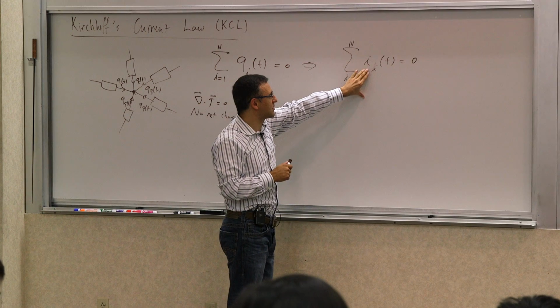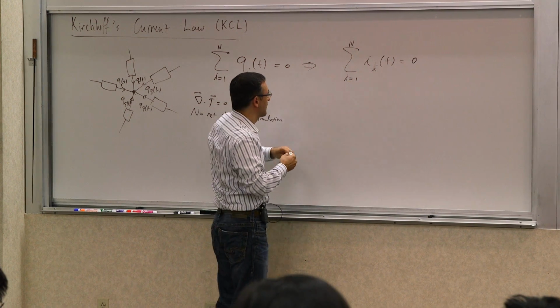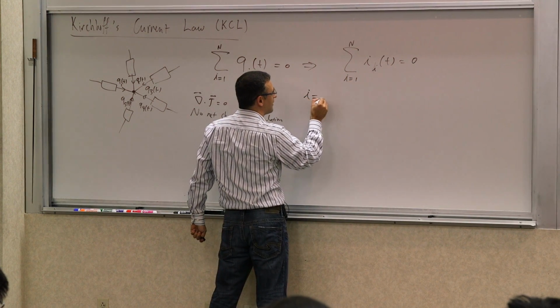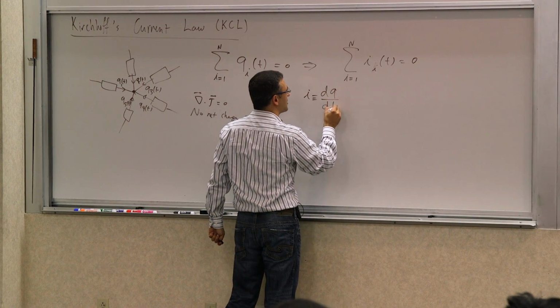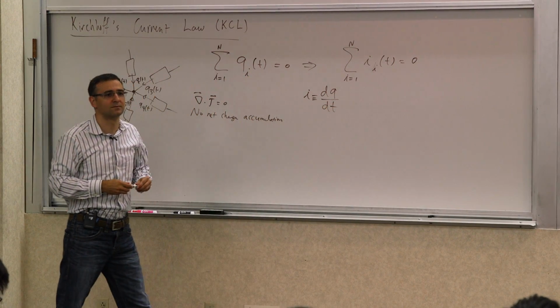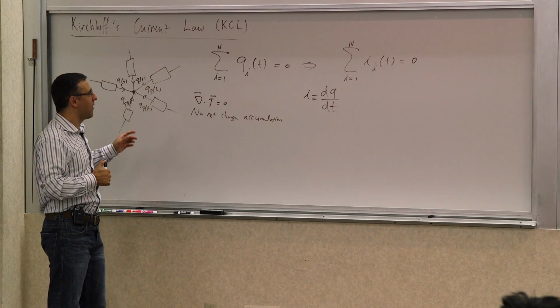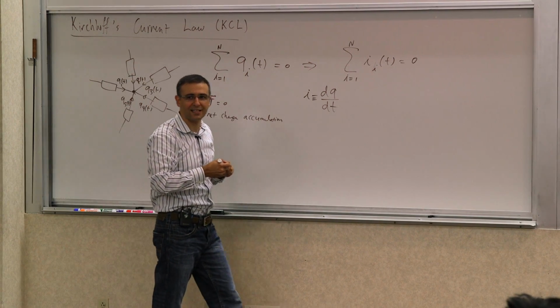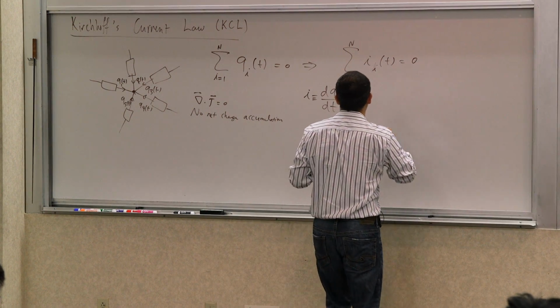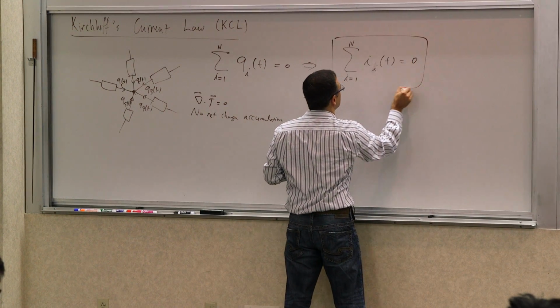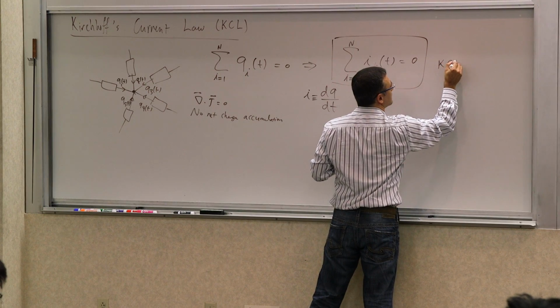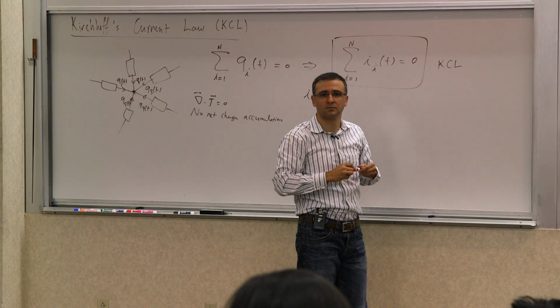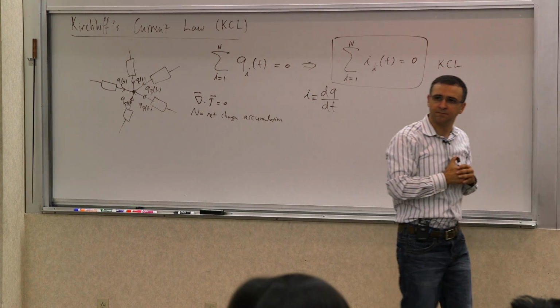And this wouldn't, because when you differentiate it, and this comes from the fact that I is dq/dt, I'm just differentiating both sides. So this basically says that the sum of all the currents at any instant, sum of I of t, is equal to 0 in the circuit domain. And that's basically KCL. Does it make sense?